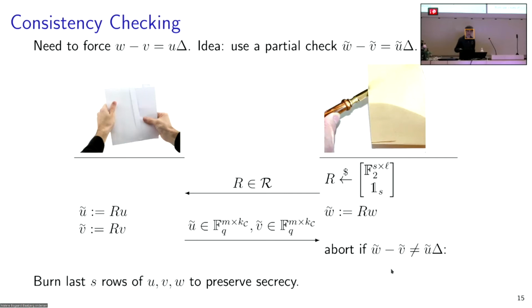That really does make sure that these values, U tilde and V tilde, didn't actually reveal anything important. So there's this parameter S that controls how many rows are in this matrix R, how many checks are performed. So it controls the chance the adversary can accidentally break the scheme. It's like a statistical security parameter.